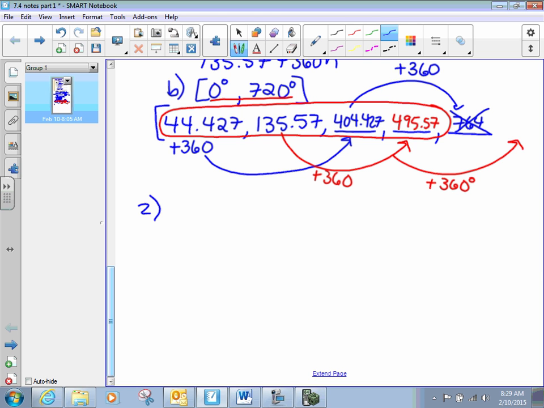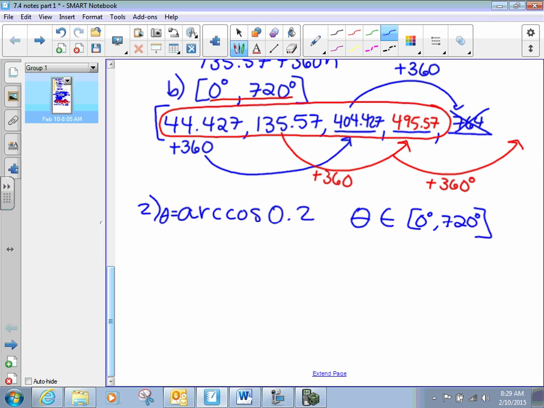So with cosine, our example is going to be arc cosine 0.2, and this was a theta, so we know that we're in degrees. And theta is an element of 0 degrees to 720.